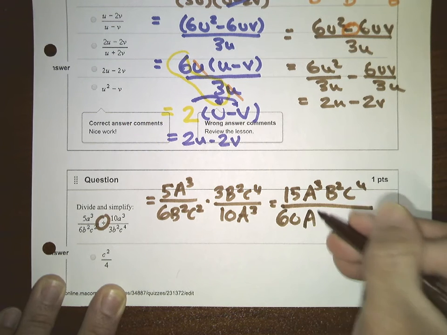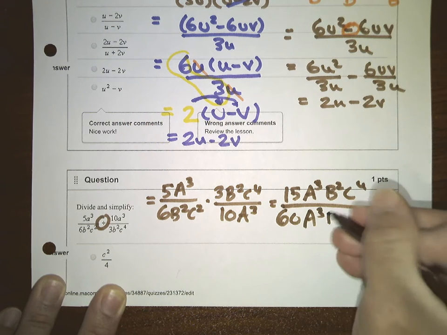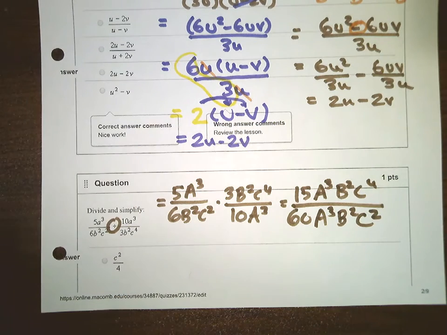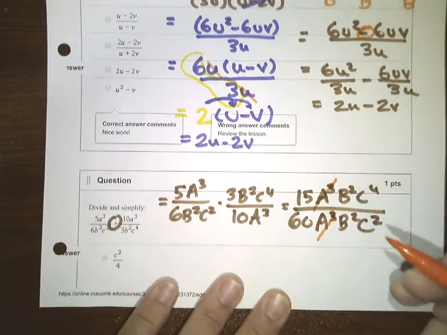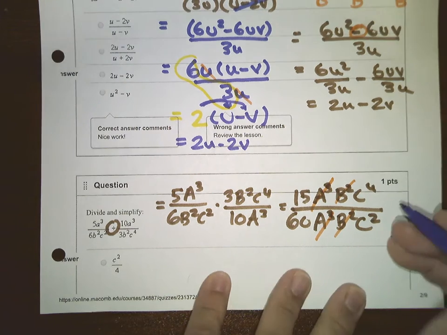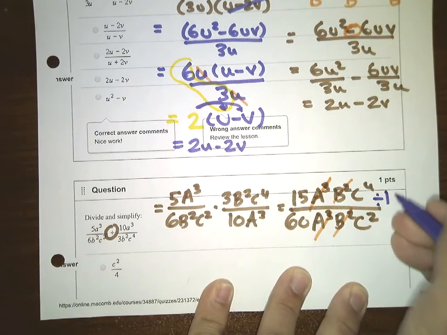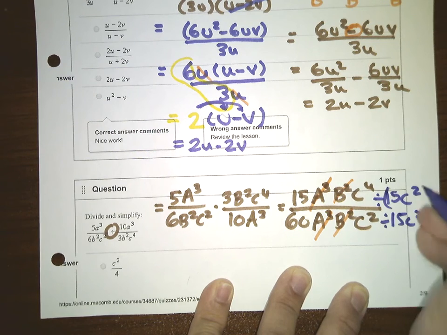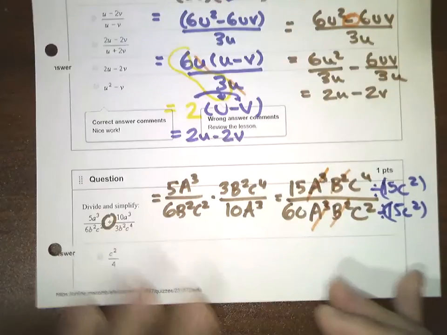Then I have a to the third right here, then b squared, and then c squared. So then I see that the a to the thirds divide out, and the b to the seconds divide out, and then I see with what's left that there is a GCF of 15c to the second. So I'll divide that out just like this.